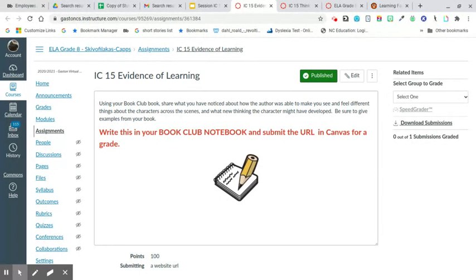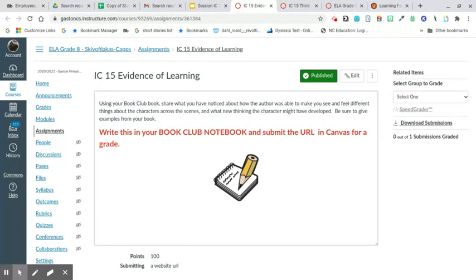So the other part of this is I need the URL from that particular page. That's what you will submit in your assignment here for Canvas. The URL to that page. And that page better have all the information on it: your name, the book title, the author, the session.